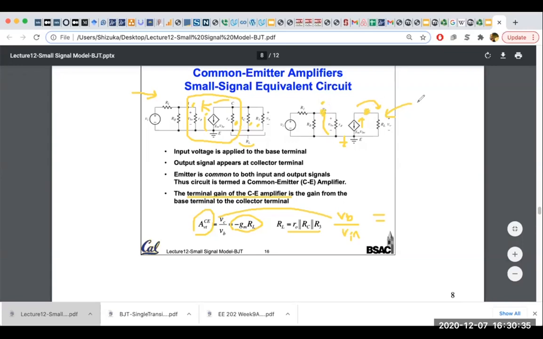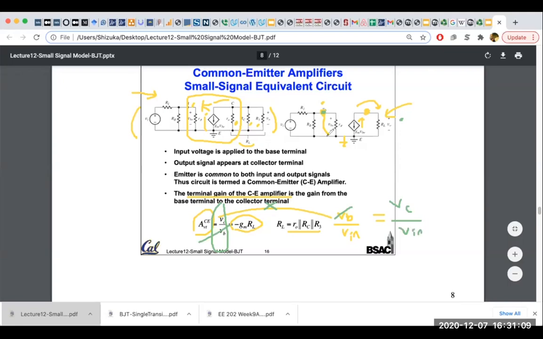But when I ask you, what is the gain of the circuit, you actually find V out over V in. Here we only found V out over V base. Now you have to multiply this with V base divided by V in. So V base cancels so that you can find VC, which is V out in this case, divided by V in, right?